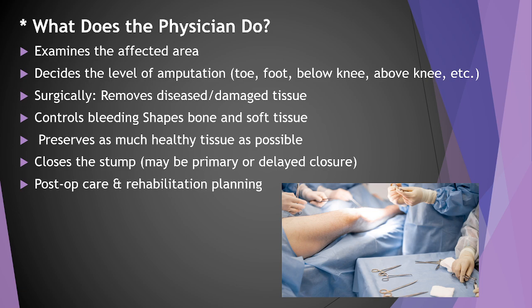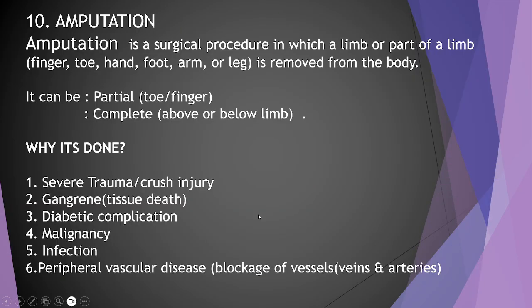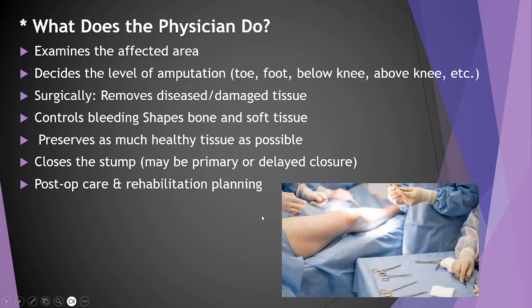And he will control the bleeding, save the bone, preserve as much healthy tissue as possible, and close the stump. So what is a stump? A stump is, here you can see that after doing the amputation below the knee, what will the physician do at the end? He will just smoothen that area for the recovery. Okay, so that one is the stump. And after that, rehabilitation planning and post-operative care are provided.